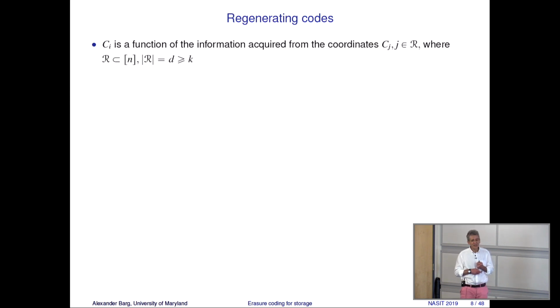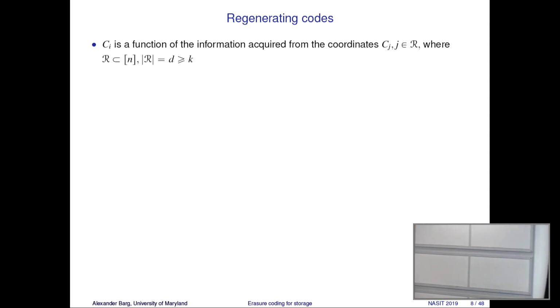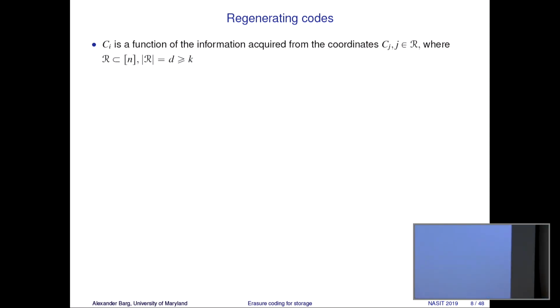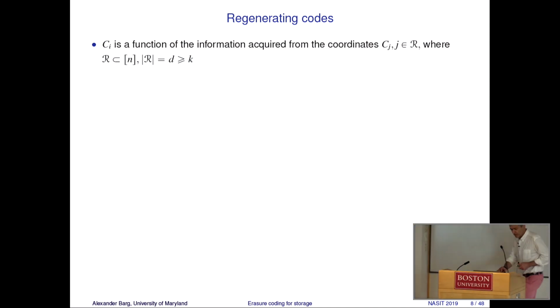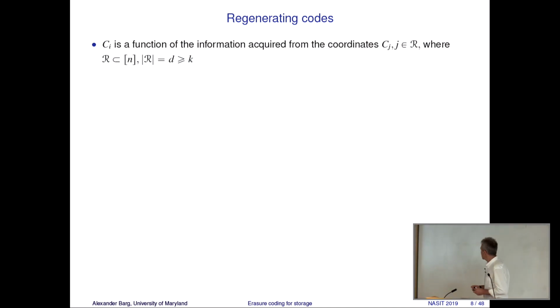Going back to the question discussed in the beginning of the second part, regenerating codes. CI. So what is CI? The notation for the entire part of the presentation will be, oh yeah, here. The code encoding will be as follows.